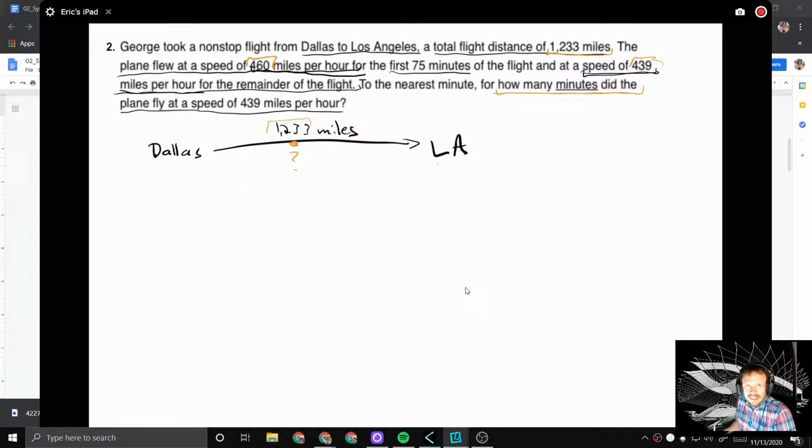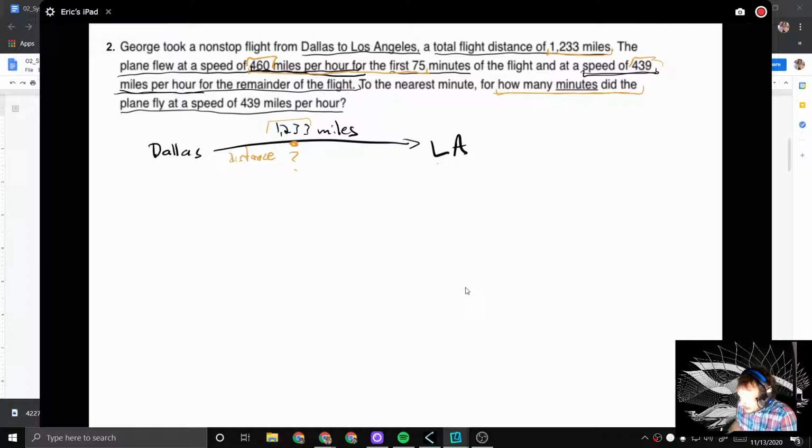And I realized that if I changed that number, it would change the amount of remaining distance after the first portion of the flight. So that's what I'm going to start with, is figure out what this distance is. The first distance. That's the quantity that I first want to know.